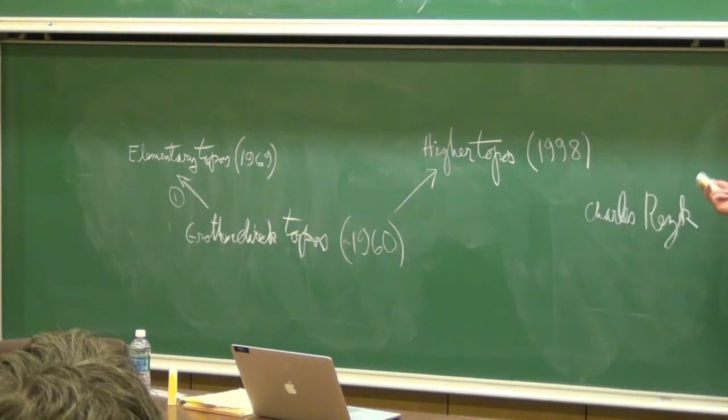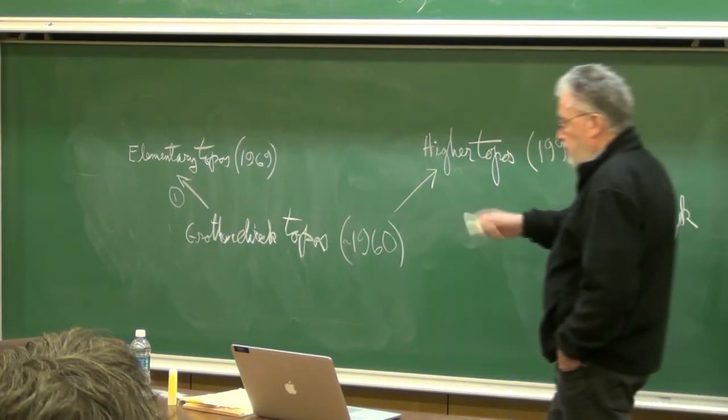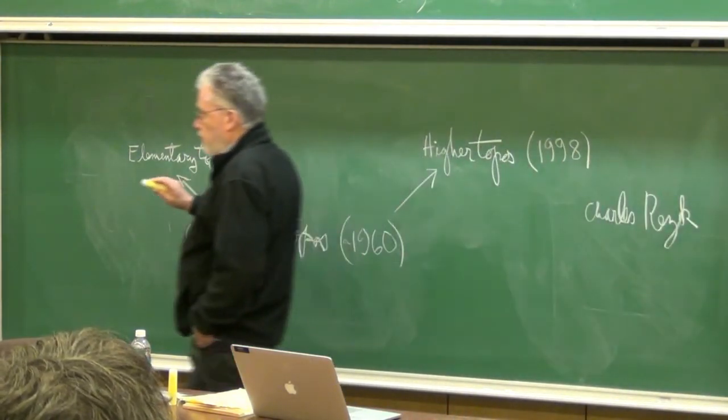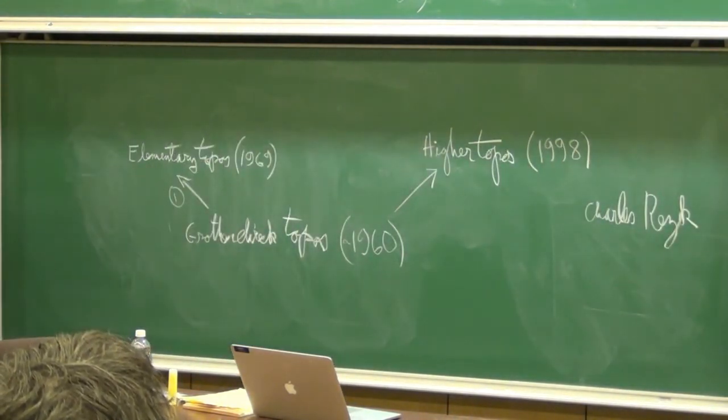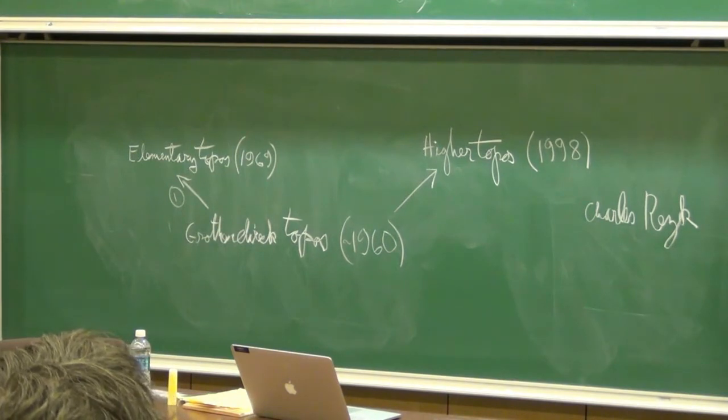In a note on his web page, this was not even published, but he just wrote down some notes on something that he had called a model topos, in reference to model categories of Quillen.